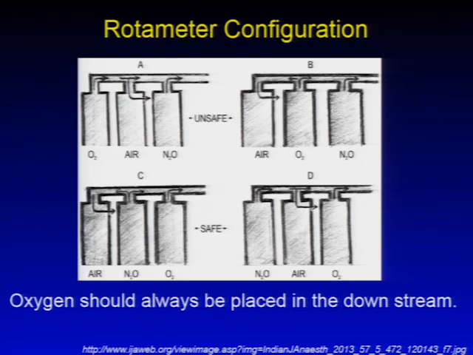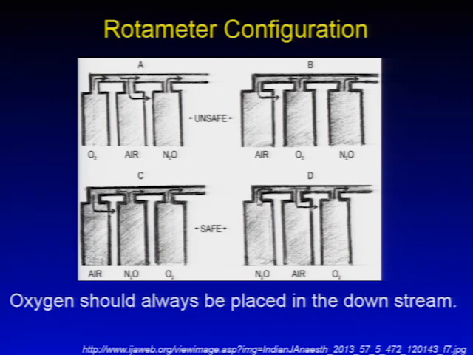The rotameter configuration of the oxygen, air, and nitrous oxide also has a safety precaution. The A and B at the top are unsafe configurations. Why? If the oxygen is on the left side, or upstream, of the fresh gas flow, then any leakage can cause hypoxia of the patient through here or through here.